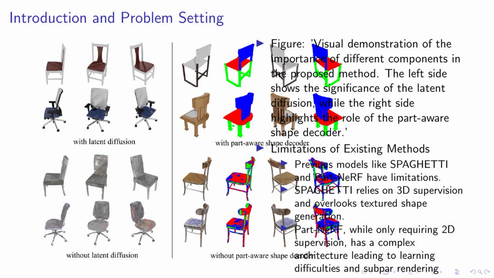Item: our solution. A latent 3D diffusion model compresses object fields into a latent space with smaller spatial resolution, and uses a 3D UNet for the diffusion process, enhancing the resolution of the voxel field and improving rendering quality. The part-aware shape decoder integrates part codes into the voxel field, establishing relationships between different parts. It produces RGB images and semantic part maps through raycasting, generating part-aware shapes with high-quality rendered images.